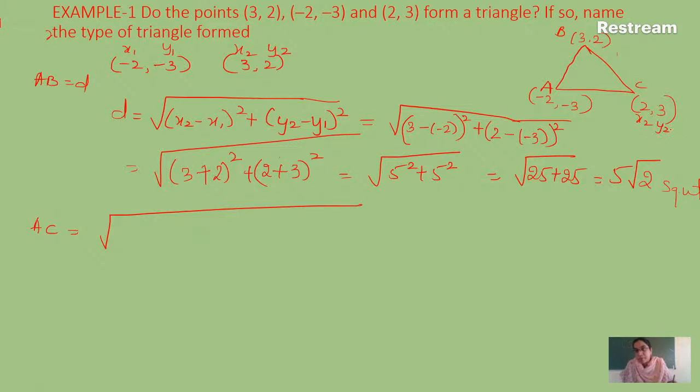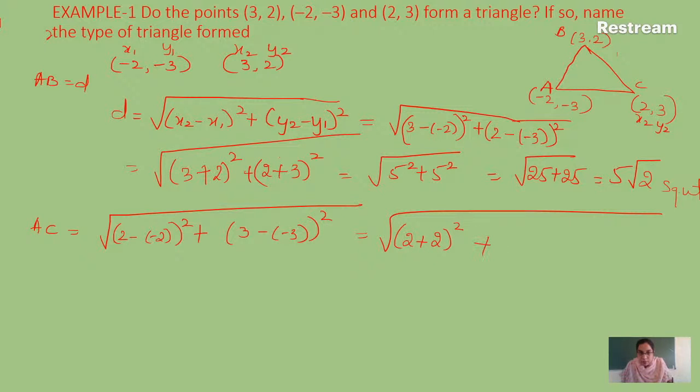Then if you substitute, you will get (2 minus of minus 2) whole square plus (3 minus of minus 3) whole square. Then if you solve, 2 minus of minus will become plus, and 3 plus.